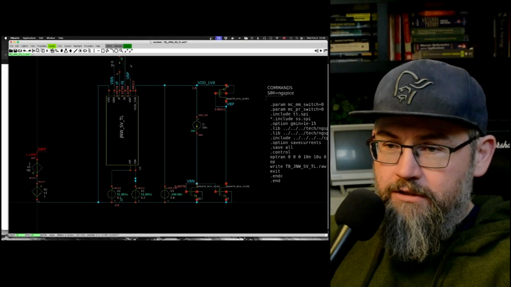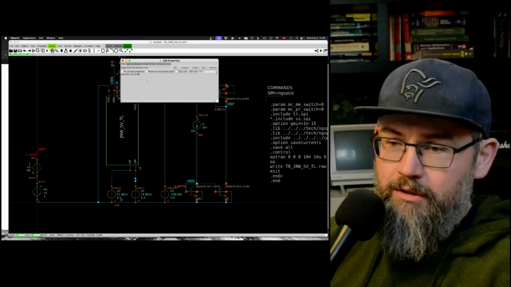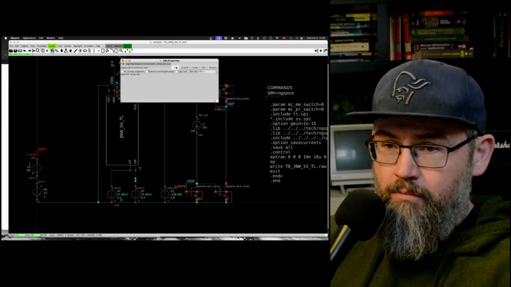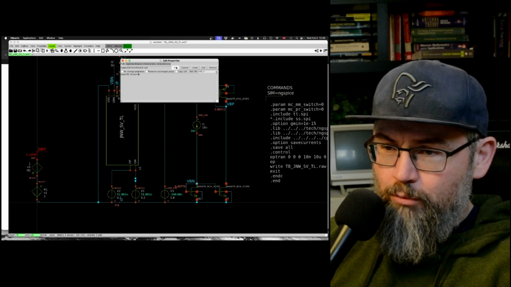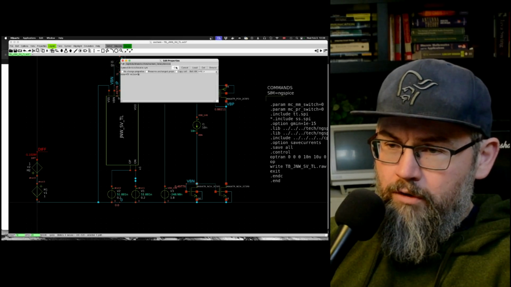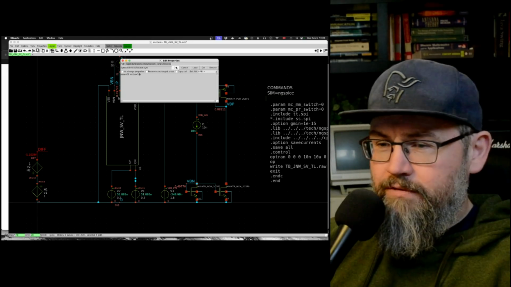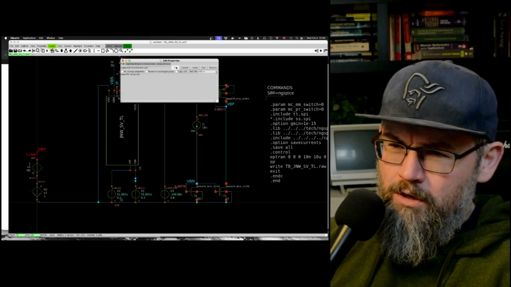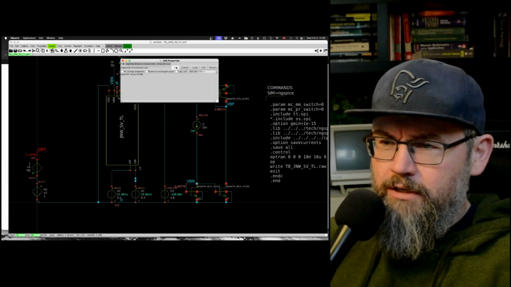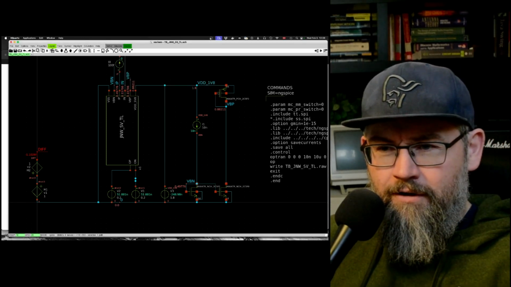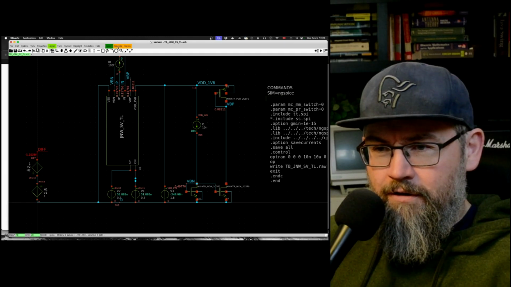Now let's change this number to maybe 1 nanoamp. Actually, let's go smaller. 1 femto is a bit low. 100 femto. That's a pretty low current. Simulate.